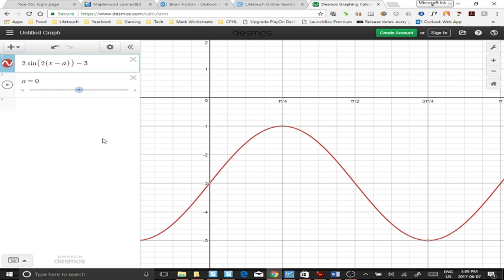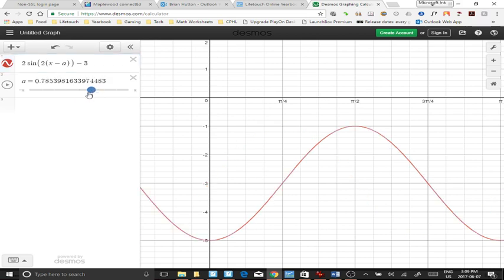What I want you to do is I want you to see something. If we shifted this graph pi over 4 to the right, then that's what it looks like. It starts at the bottom, comes up to the midline, comes up to negative 1, goes back down to the midline, and goes all the way down.